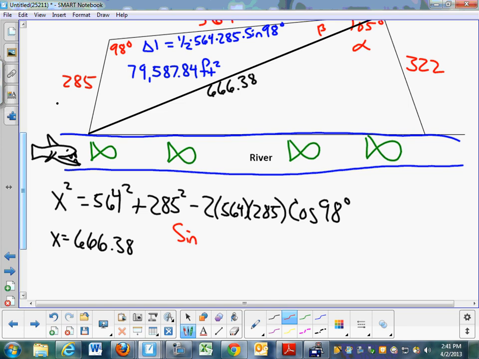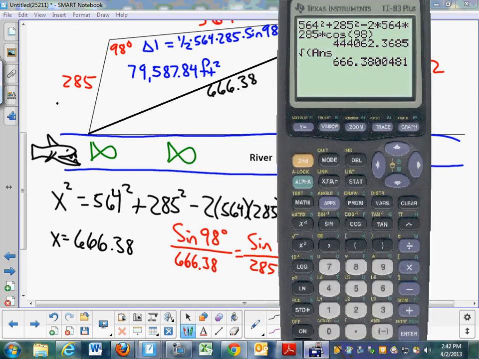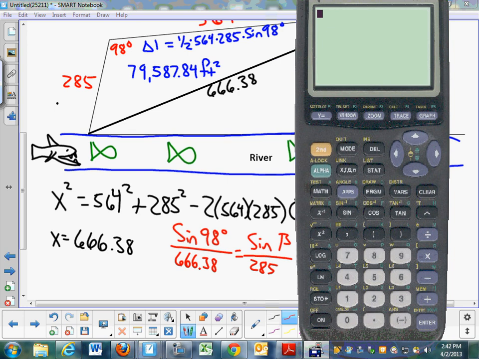So we have the sine of 98 degrees divided by 666.38 is equal to the sine of beta divided by 285. Cross multiply, solve for that. 285 sine of 98 divided by 666.38.